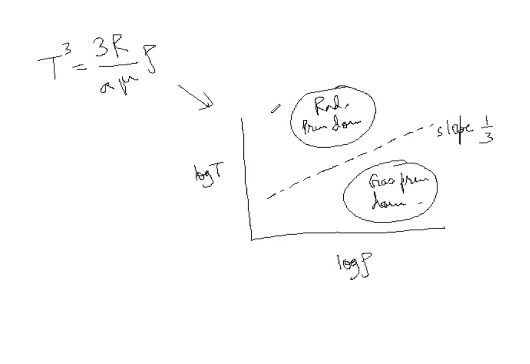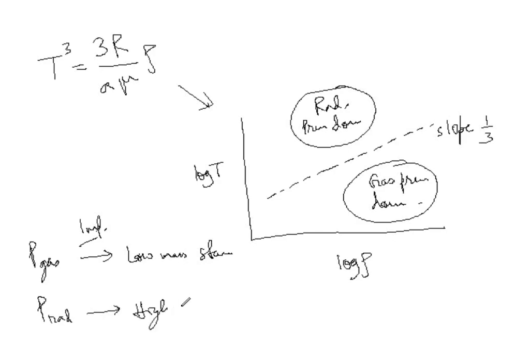Right. So what we observe is that gas pressure is most important in low mass stars, whereas radiation pressure is important in high mass stars.